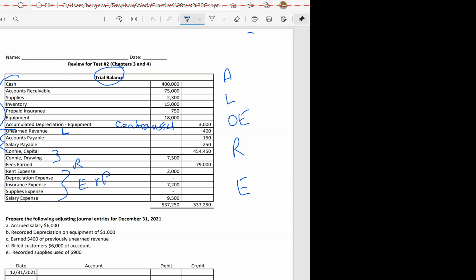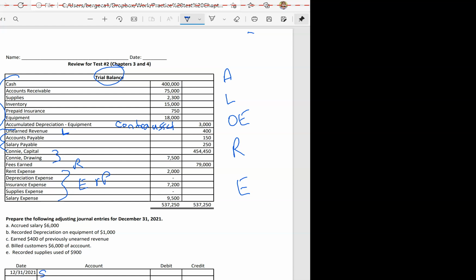So this was our unadjusted trial balance, and at the end of the period we look to it and we see, do we need to update any of those accounts for things that have happened that we haven't accounted for? And we do. We have A through E, and those are things that need to be updated. So letter A says accrued salary. What this means is that our employees have worked some hours, but we haven't paid them yet.